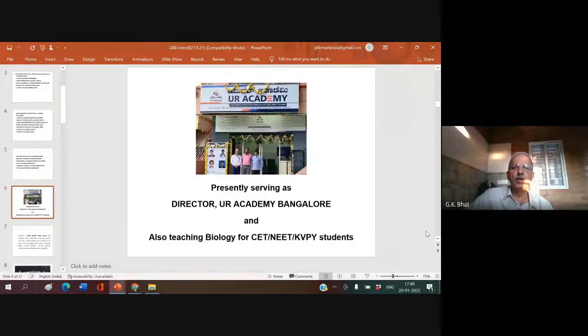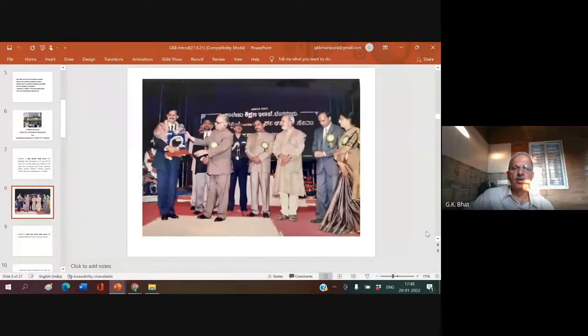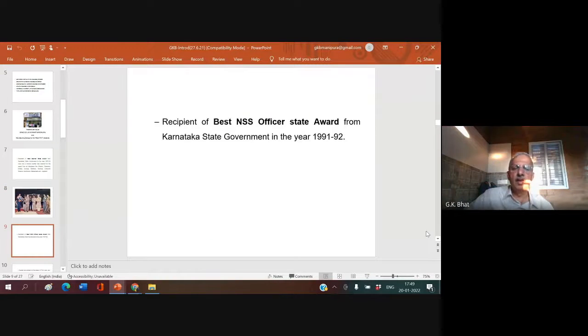And this is my office at Bangalore. It is your academy. And you can see here, I got the Best Teacher Award in 2001 from the government of Karnataka, the Governor of Karnataka giving this award. You can see in the picture, I got the Best NSS Officer State Award.